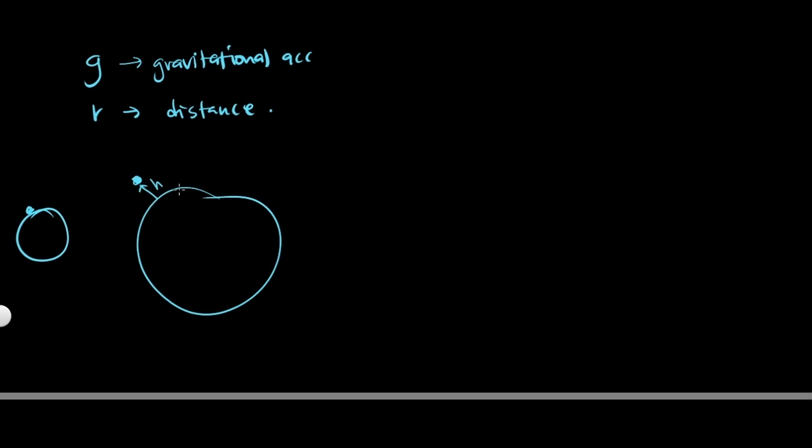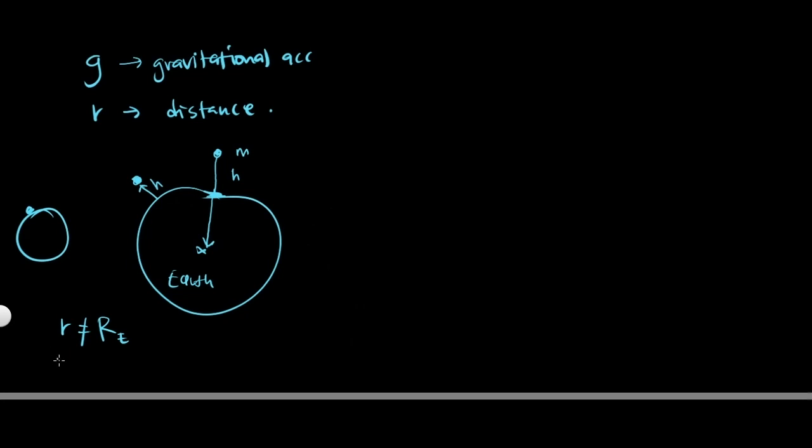So what will happen? Let's say this is our object. It has mass m, placed at height h from the surface. And this is the center of the planet, let's say Earth. The distance between the center of Earth and the center of this object is now not equal to the radius of the planet itself.